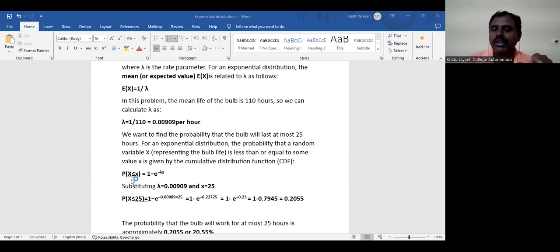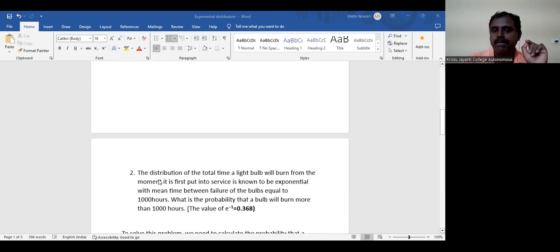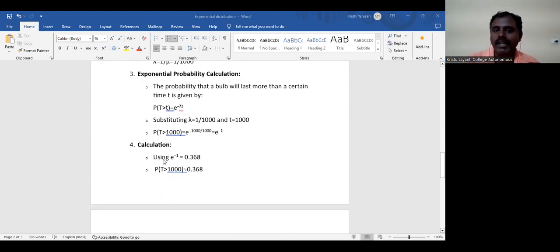When you are using less than or equal to X, you write 1 minus E to the power minus lambda X. But here you have to find the value greater than 1000, so we use this formula: E to the power minus lambda T. The 1 minus is not going to come there. Is this formula clear?